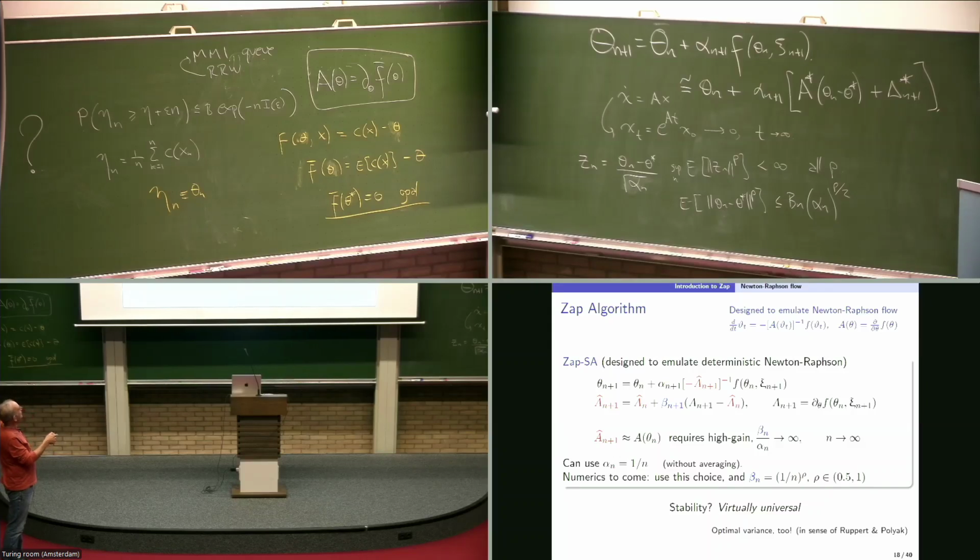Yes, I'm trying to estimate A of theta n for the current theta n, which sounds very ambitious. But there's this beautiful theory of two time scale stochastic approximation that says that as long as I crank up the gain here, then you can show that we will get exactly the approximation that we want. It's beautiful.